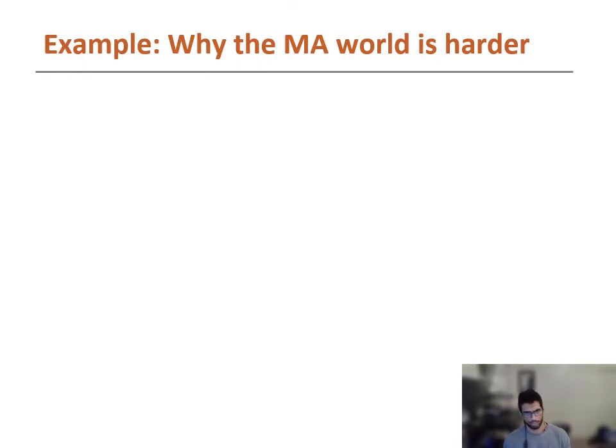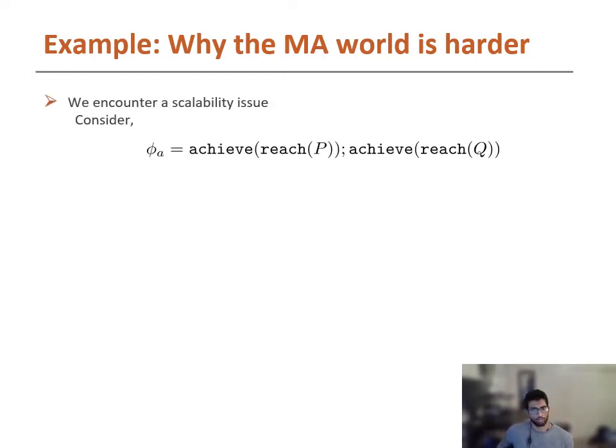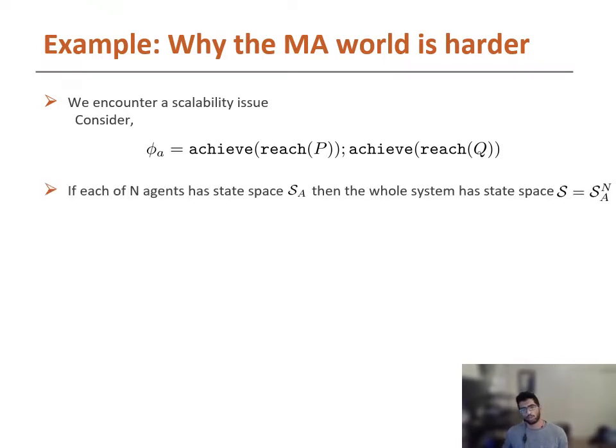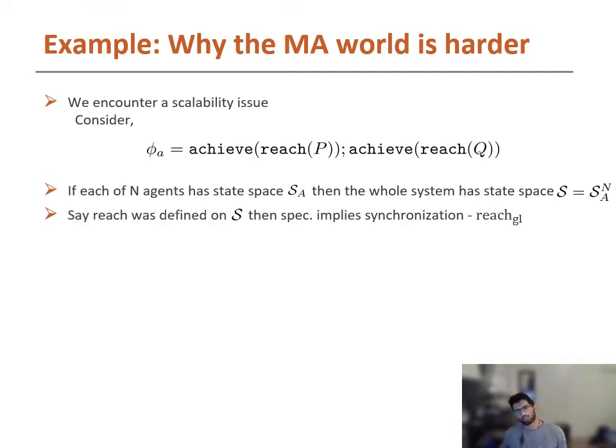Now, as an example in the multi-agent world, we can consider a specification achieve reach P and achieve reach Q, where we achieve reach P first and then achieve reach Q. Now, if each of the agents has a state space S_A, then the whole system has a state space S_A to the power n. Say reach was defined on the whole state space S. This implies a synchronization.